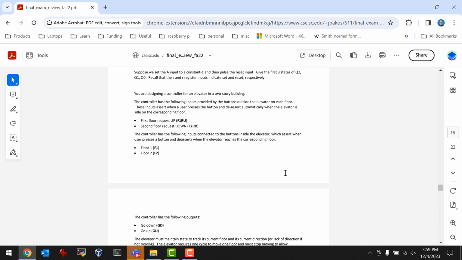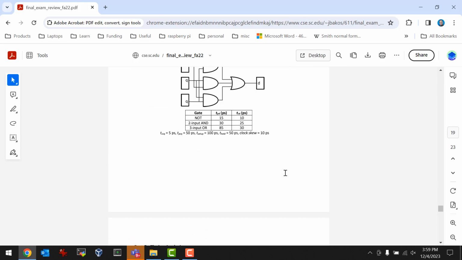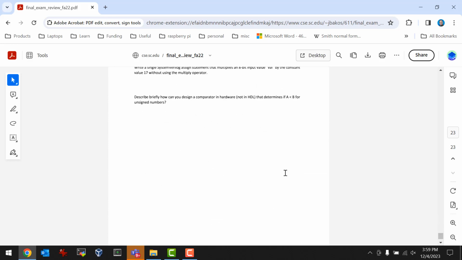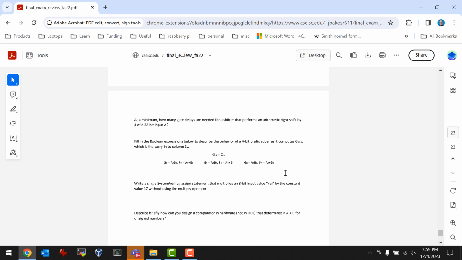And then we covered sequential logic and timing analysis and building blocks. And then finally, I don't have a review section on here for it, but we also covered transistor level logic, CMOS logic. So there'll be a question or two on that.